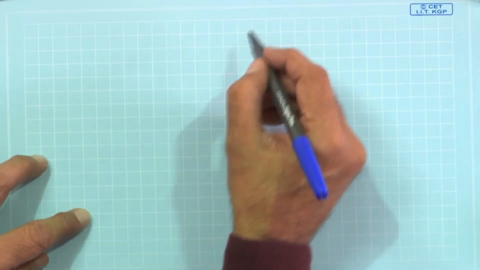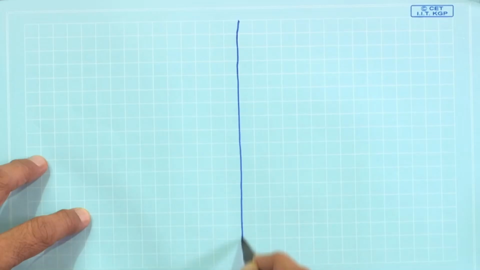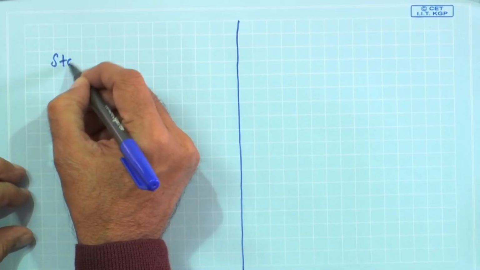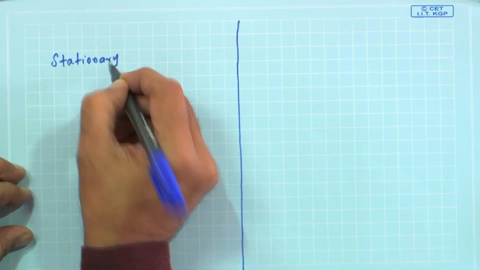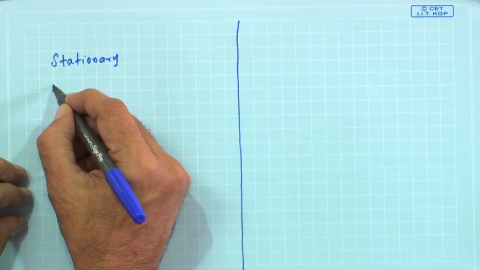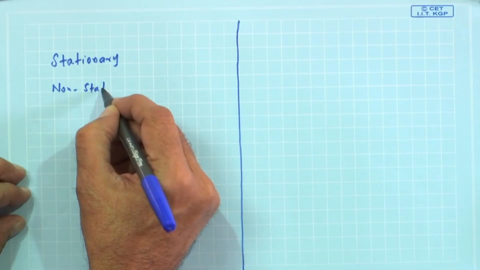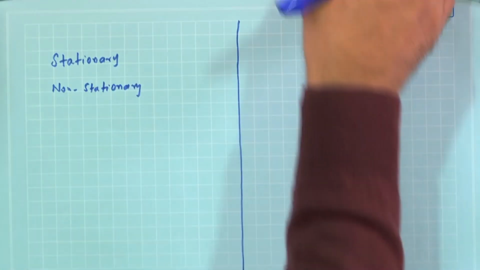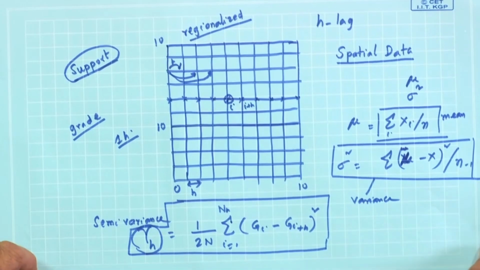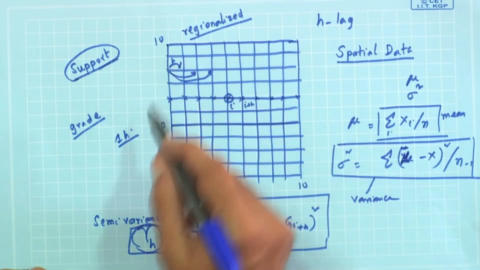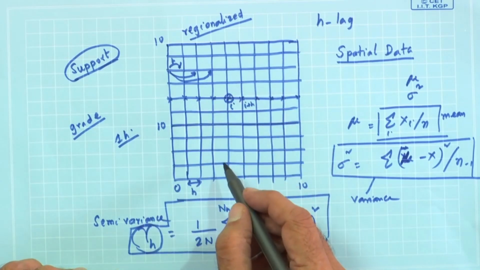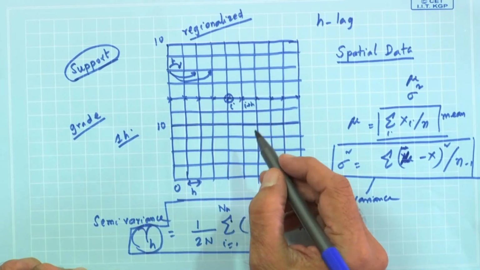The other aspect of the regionalized variable is that the way we are visualizing it, it could be either stationary or non-stationary. Within this space, let us try to understand what we mean by that.